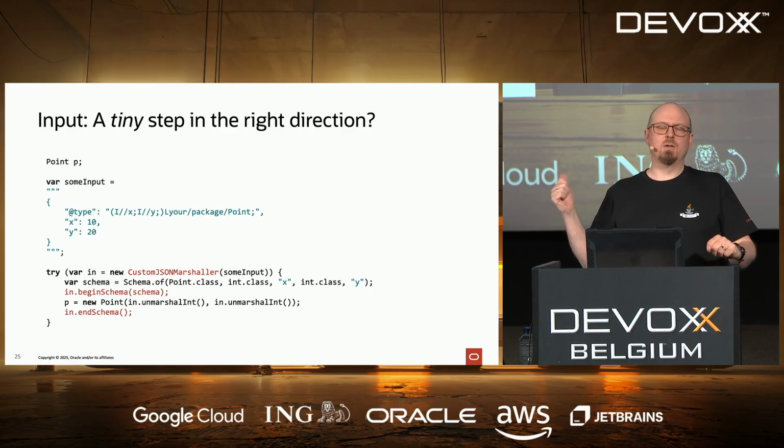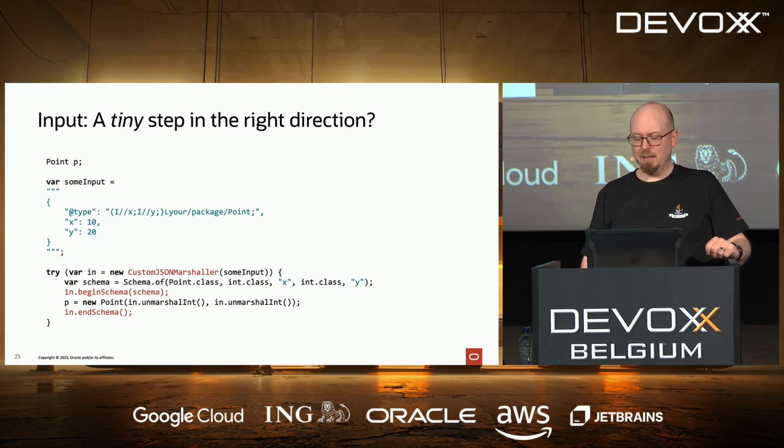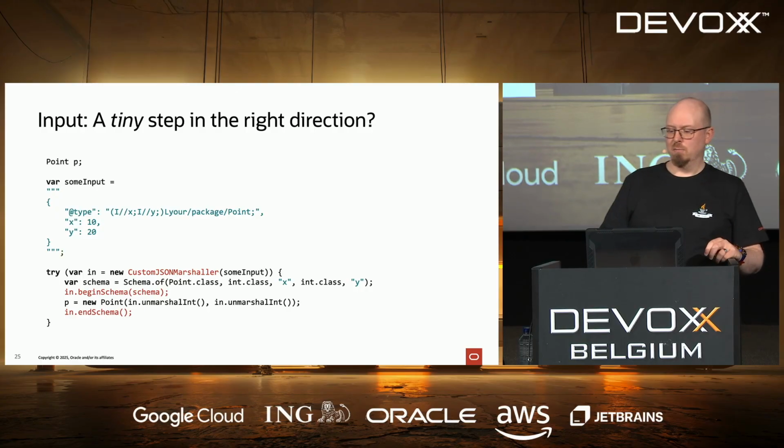Because if we're trying to unmarshal something that wasn't intended to be points, we definitely want to know about it and not create bad points. So we say that, okay, we want to unmarshal this thing, give me 2 ints, and then I'm done with my unmarshalling. And now we've sort of manually marshaled this. But this is not super exciting, right?